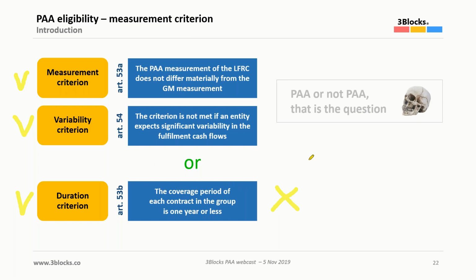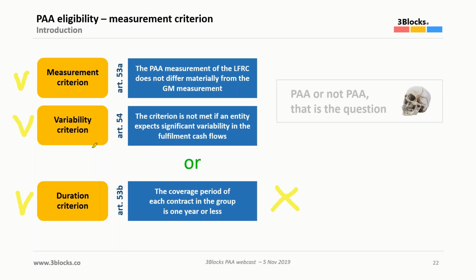And this is actually one of the reasons why we are organizing this webcast, because we would like to encourage insurance companies to consider also the measurement criterion and the variability criterion and potentially apply the PAA to a broader range of products.